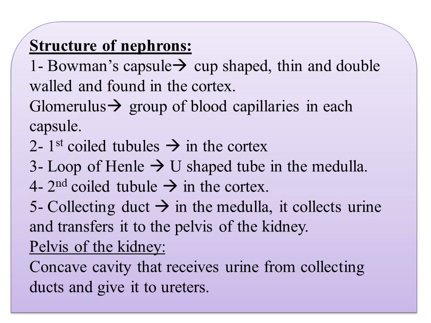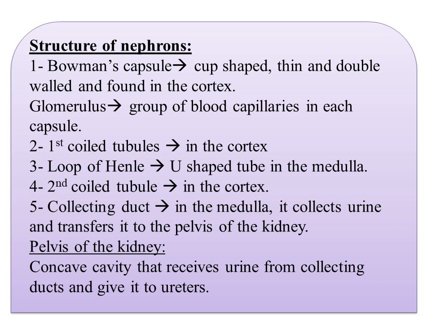Then the Bowman's capsule leads to the first coiled tubule, which has another name, the proximal convoluted tubule. So the first coiled tubule equals the proximal convoluted tubule. They are found in the cortex of the kidney.